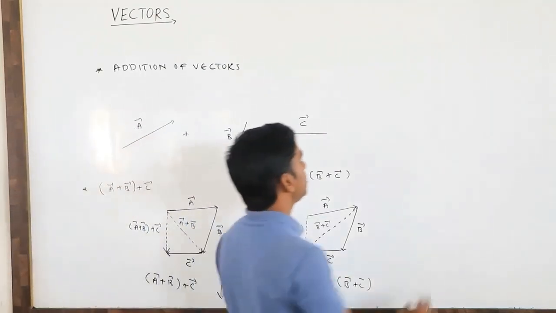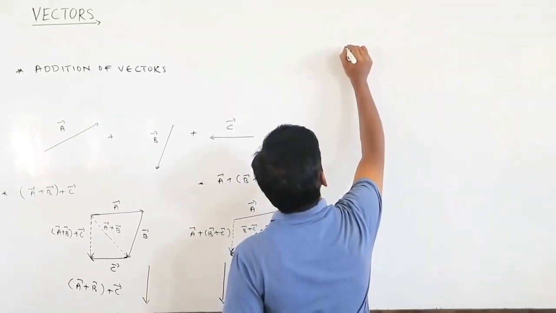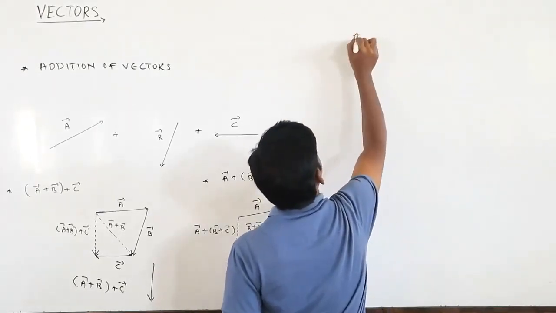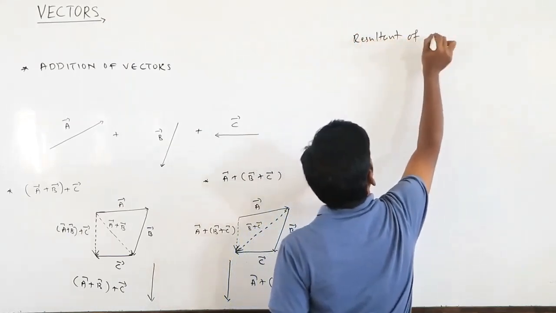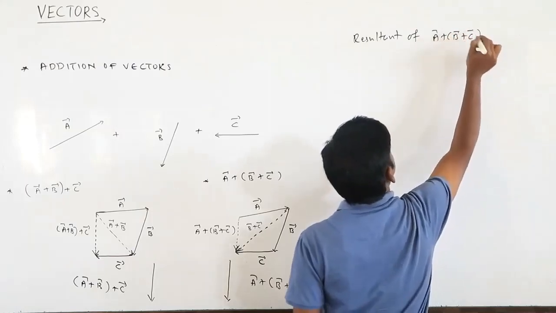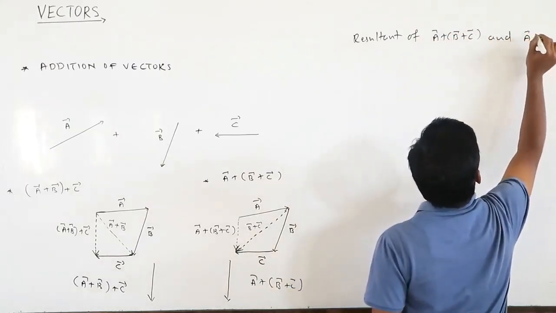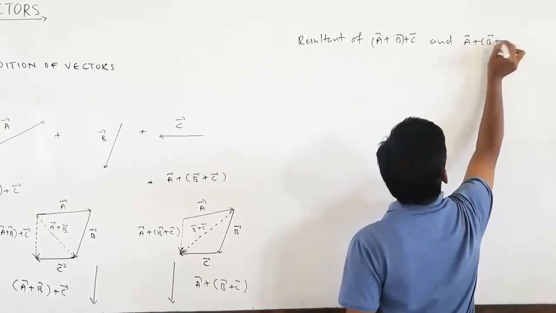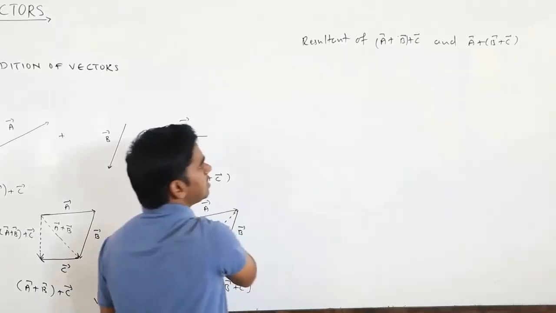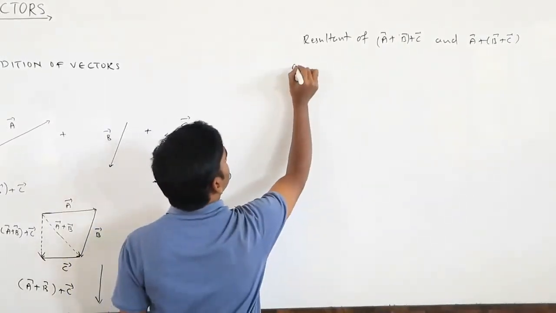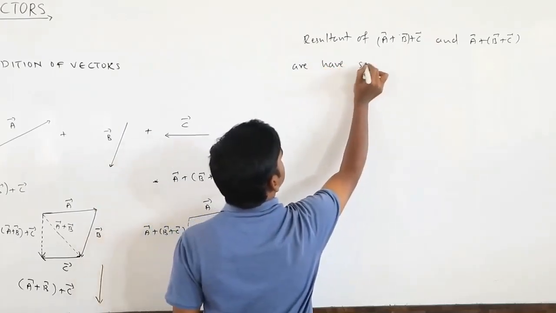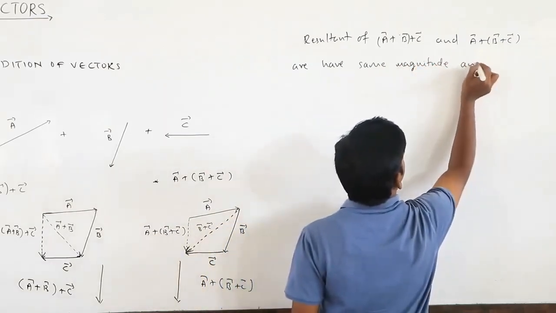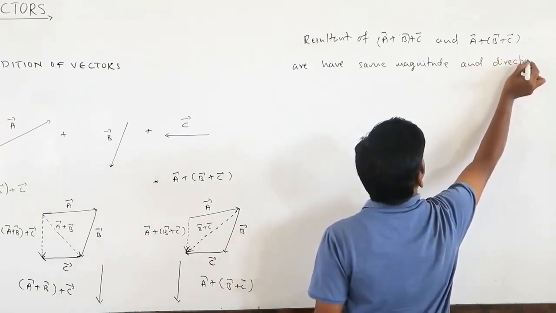That means the resultant of vector A plus B plus C and the resultant of A plus B plus C have the same magnitude and direction.